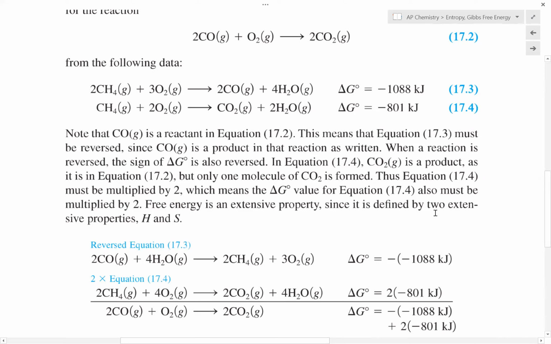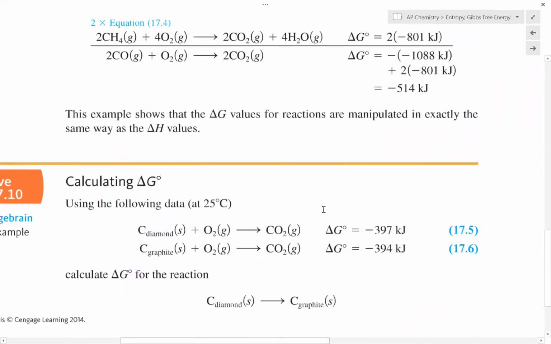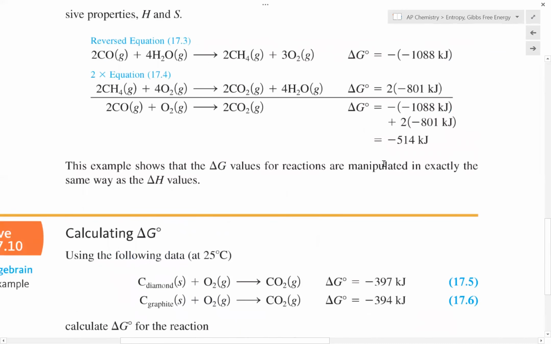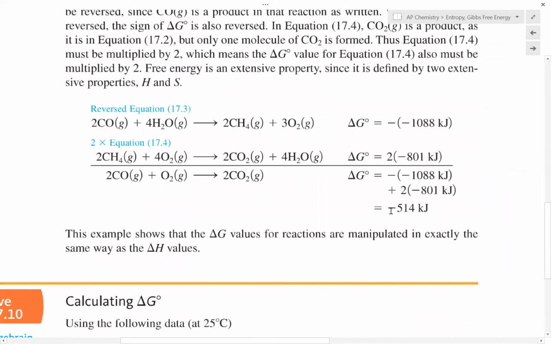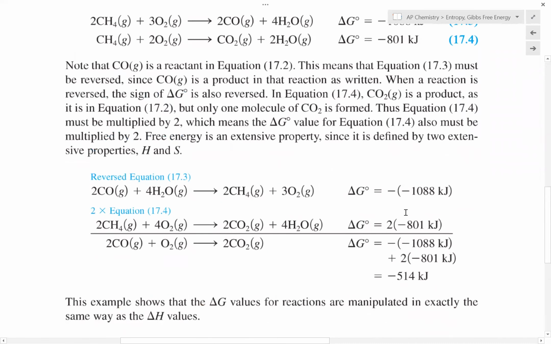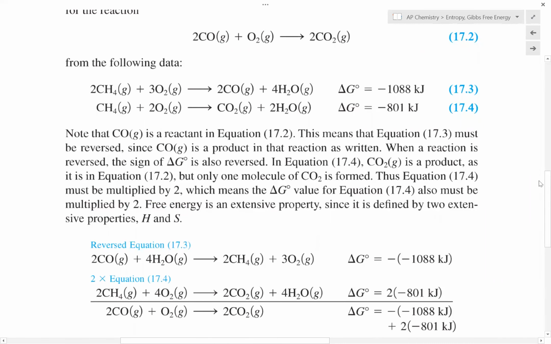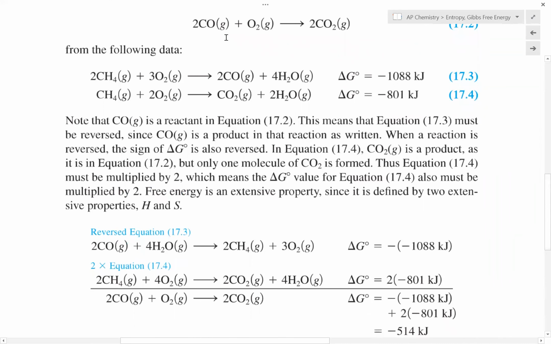And they have that little description here. Then you calculate the delta G value, which is negative 514, so basically this reaction where carbon monoxide plus oxygen gives you carbon dioxide is a spontaneous reaction.